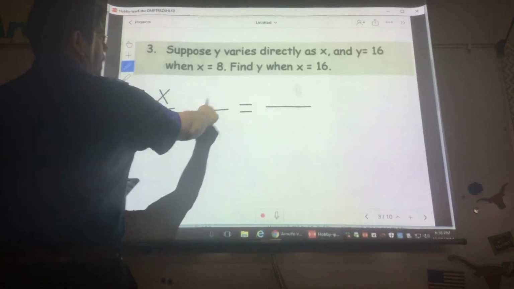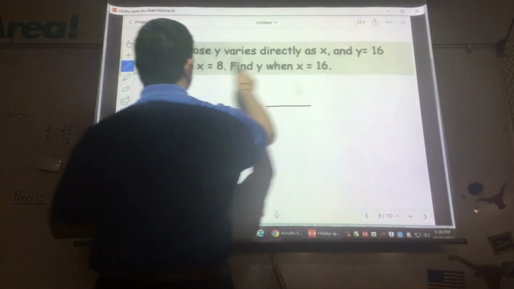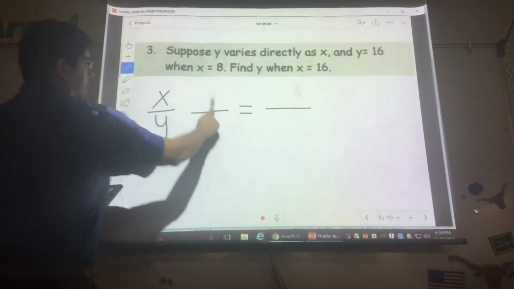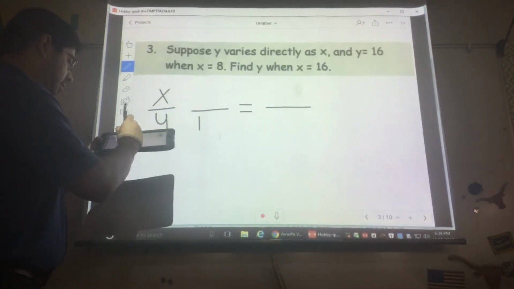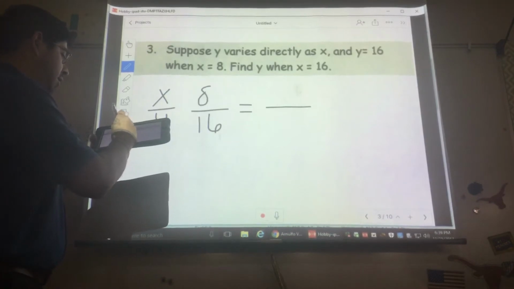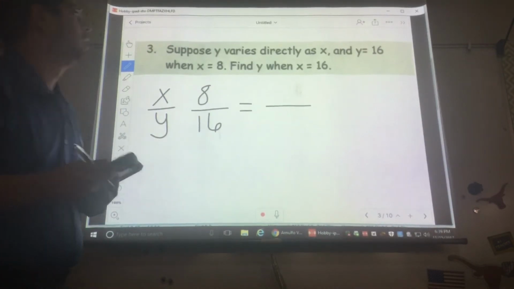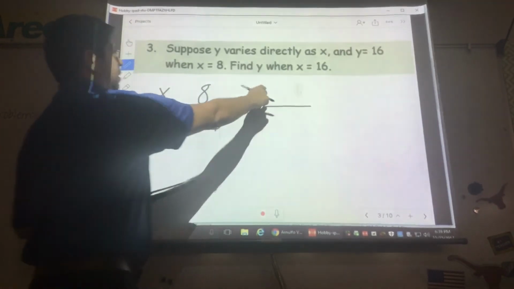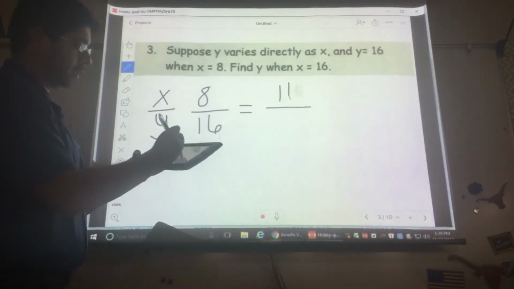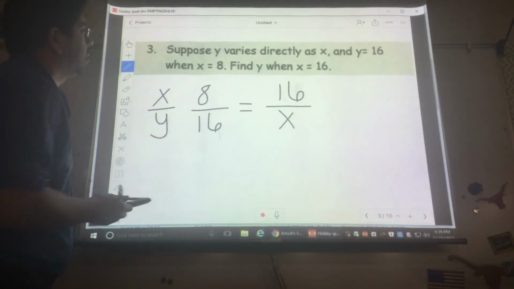So here on top, y is 16 when x is 8. So that's what's going to go here on this first ratio of the proportion. So y is 16 when x is 8. Make sure you don't get your numbers mixed up there. So here's what our question asks. Find y when x equals 16. So x is 16, y is x.